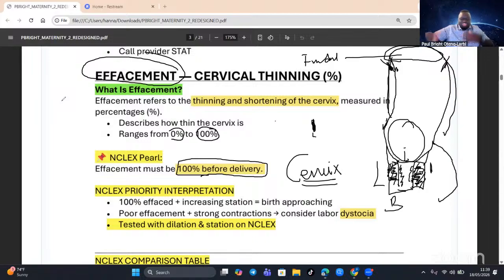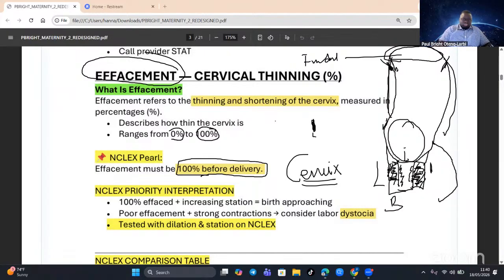We measure the contractions in minutes or seconds: the time a contraction starts, the duration, the time it ends, and the interval between the end of one contraction and the start of the next. We use the partograph to measure them.